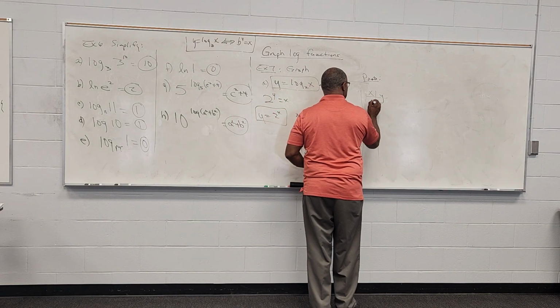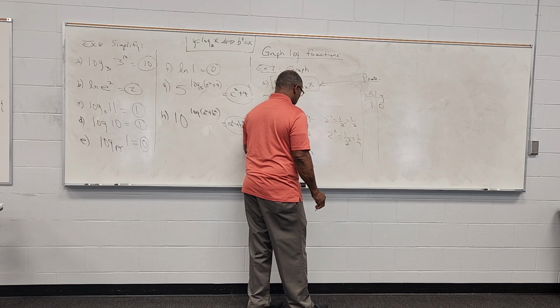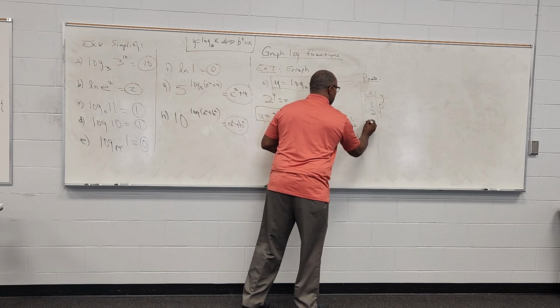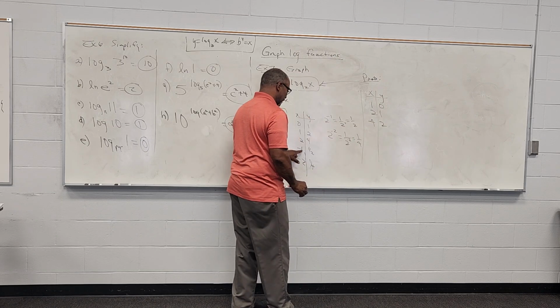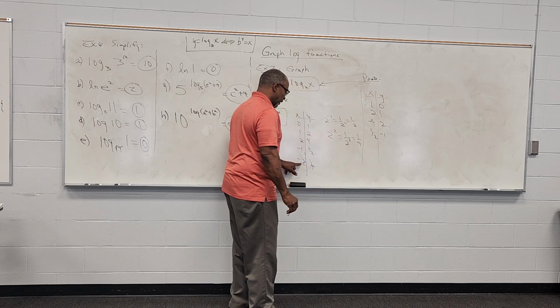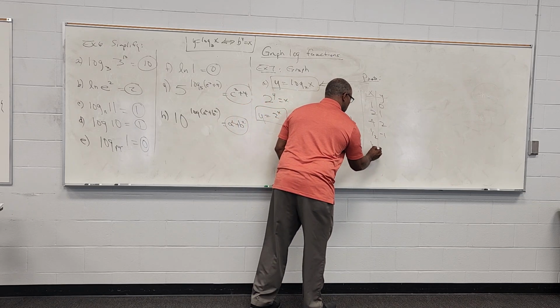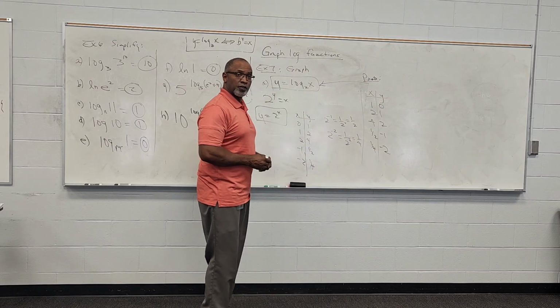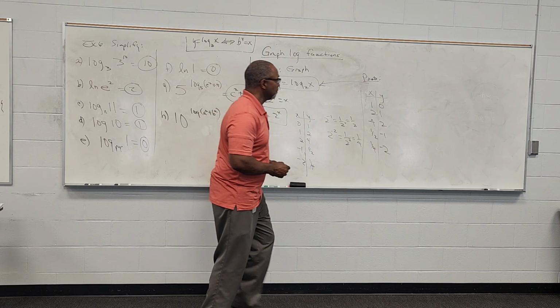Instead of 0, 1, I'll have 1, 0. Instead of 1, 2, I'll have 2, 1. Instead of 2, 4, I'll have 4, 2. Instead of negative 1, 1/2, I'll have 1/2, negative 1. Instead of negative 2, 1/4, I'll have 1/4, negative 2. Those are the points on the inverse function y equals log to the base 2 of x.